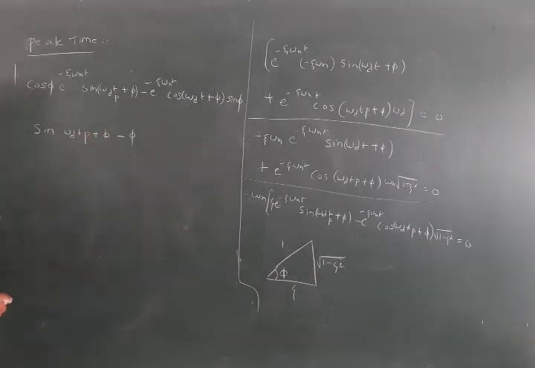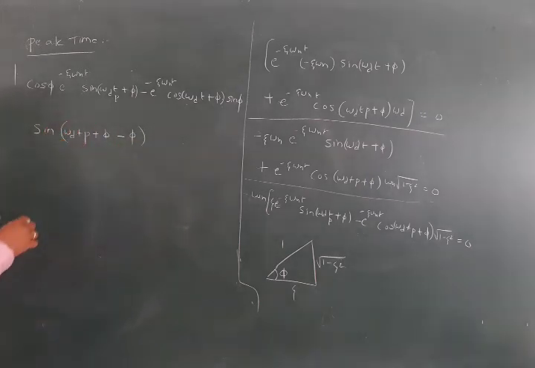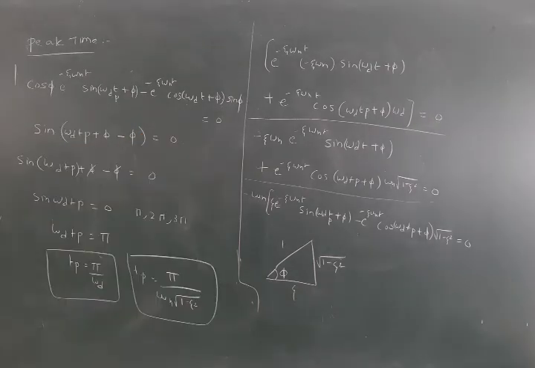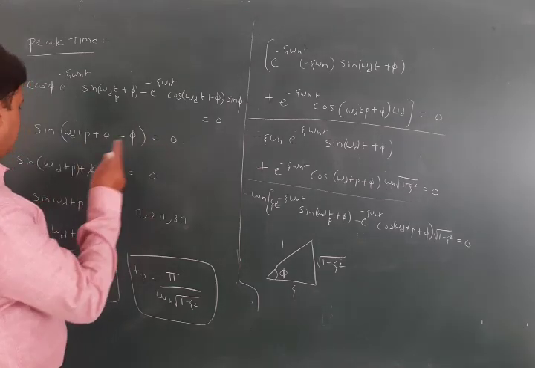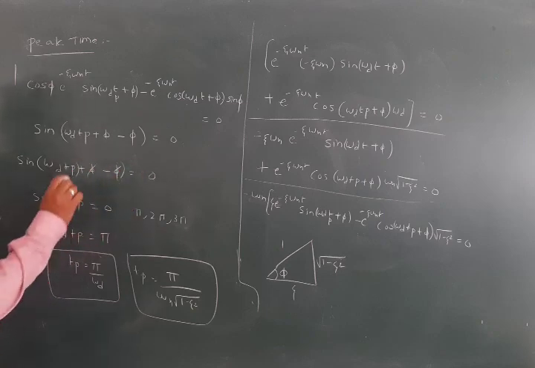So it becomes sin(a minus b), a trigonometric ratio. So what we got here is sin(omega_d Tp + phi minus phi) is equal to 0. Now plus phi minus phi gets cancelled.